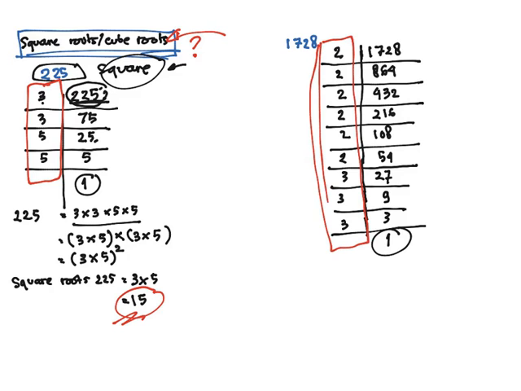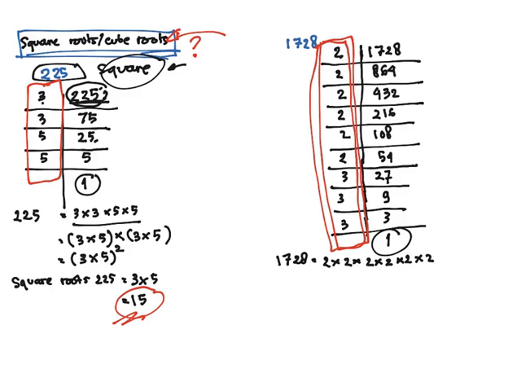We see this one here, then we write the prime numbers. So 1728 is equal to 2 times 2 times 2 times 2 times 2 times 2.